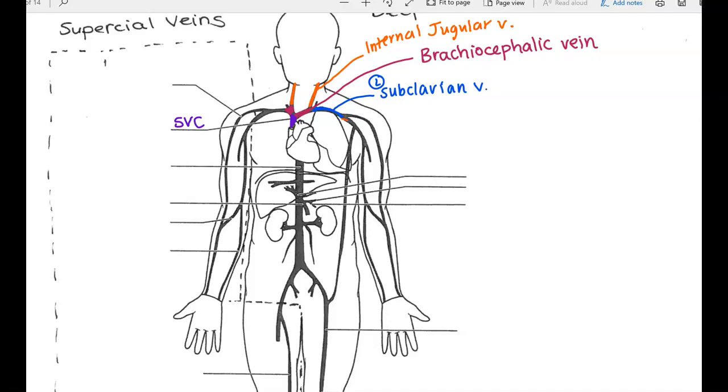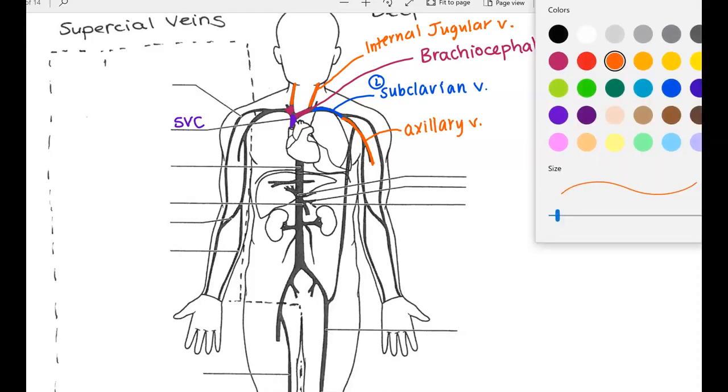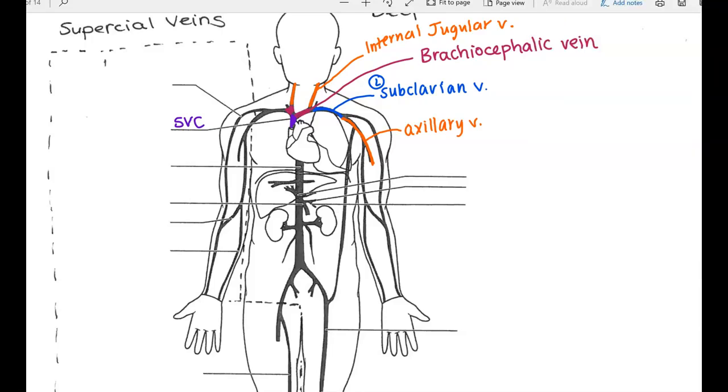And once we pass that first rib, remember it is going to turn into the axillary vein. That corresponds to the axillary artery. And then once we pass that inferior border of teres major, it becomes the brachial vein.